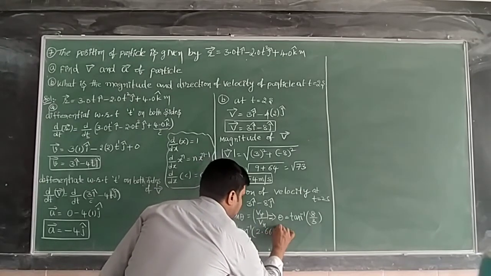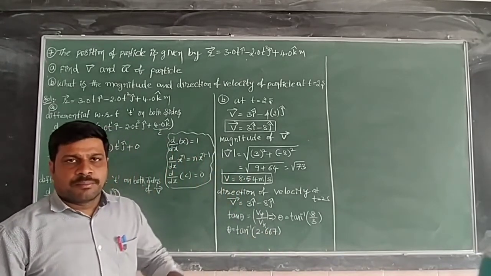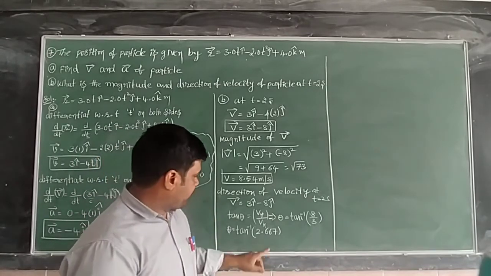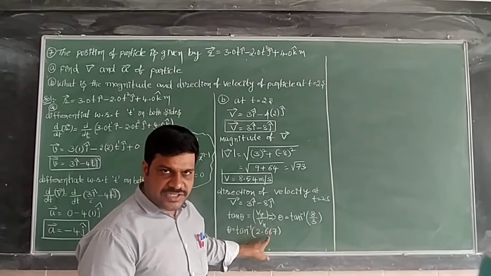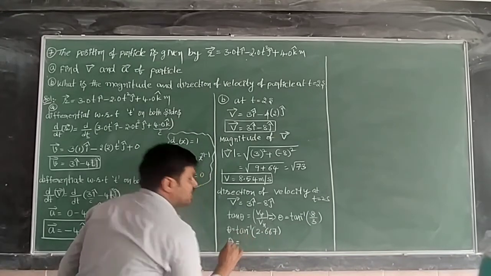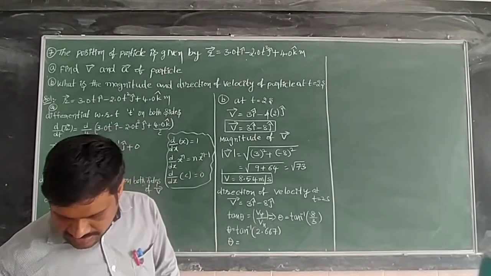2.667 you may get. By taking the logarithm of this natural tangent value, if you search this value, it is available to you in the logarithmic table. At what angle?